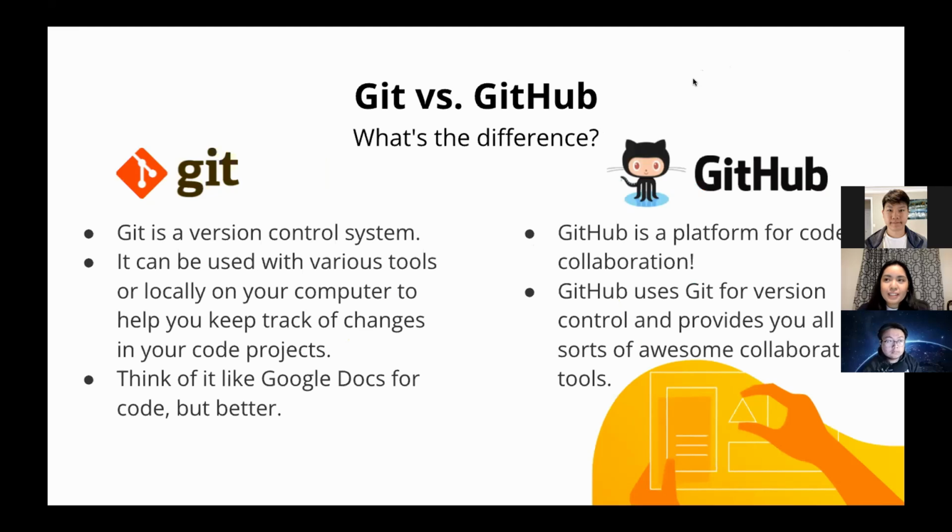Let's say you're working on an essay for school, you might make a draft first, then another draft, and then another draft. You want to control the changes and those versions of the files. That's basically what Git is. There are different tools you can use to keep track of the changes in your project. So think of it like Google Docs, but for code.